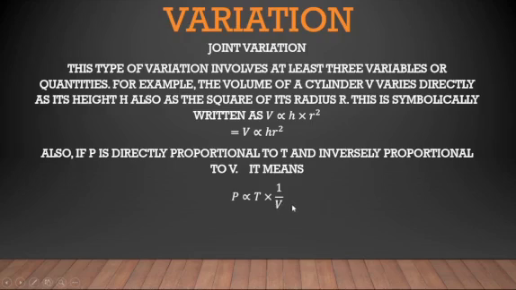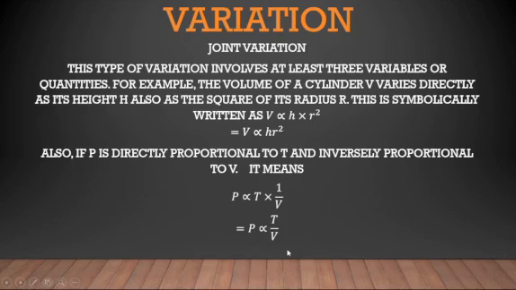Then you can simplify this expression by saying P is directly proportional to T over V, by just multiplying T and 1, then you have T over V. So with this background, we are safe to look at examples.